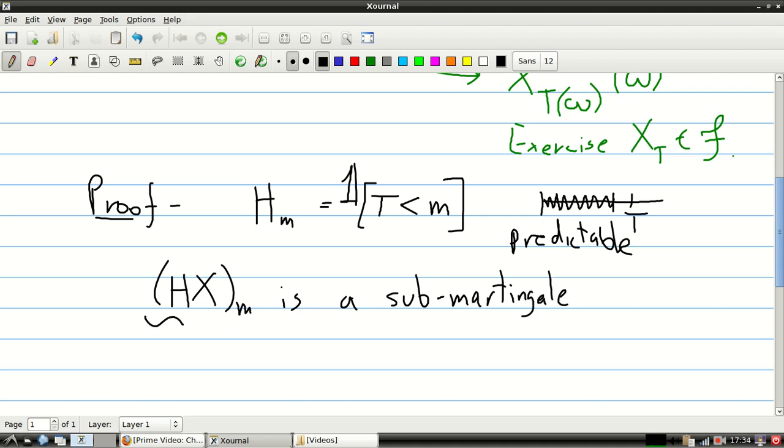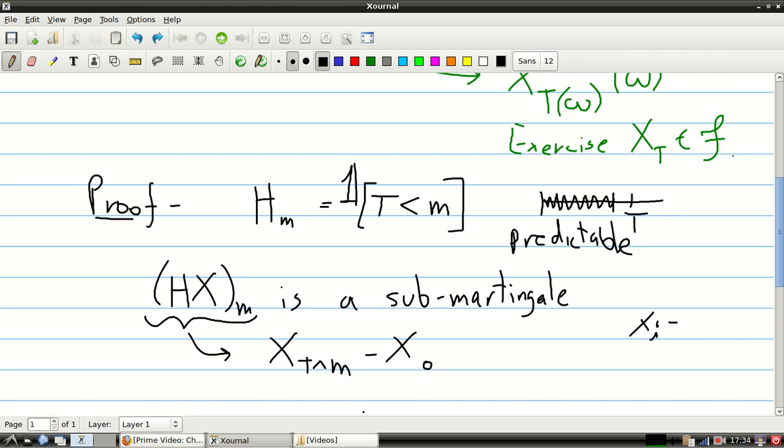Another way to write this process is as X_{T minimum m} minus X_0. So what do I mean here? This process is going to follow X_i minus X_0 until T minus 1.